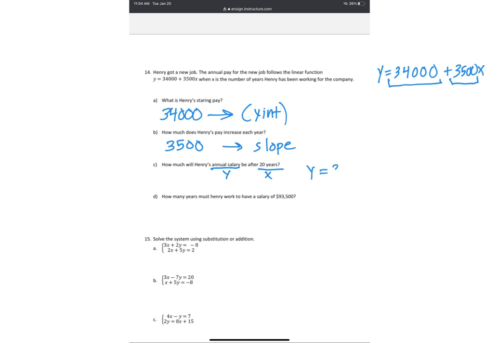We're going to plug 20 into that equation. So that would be 34,000 plus 3,500 times 20. And 35 times 2 is 70, and 3 zeros. So if we calculate that out, we get $104,000 per year.